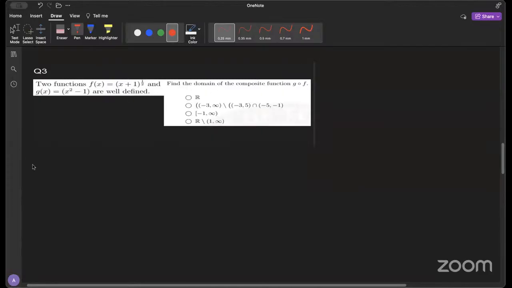I think that's enough time. You start doing the question now. Okay, so your f(x) is given to be (x plus 1) to the power half, which is the same as this. And your g(x) is given to be x square minus 1.